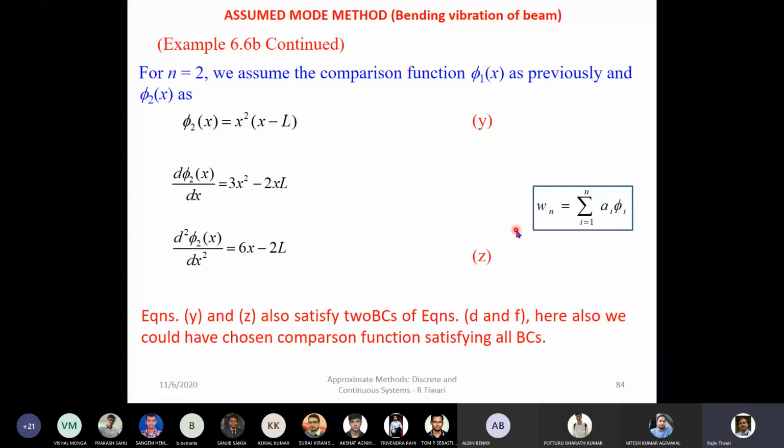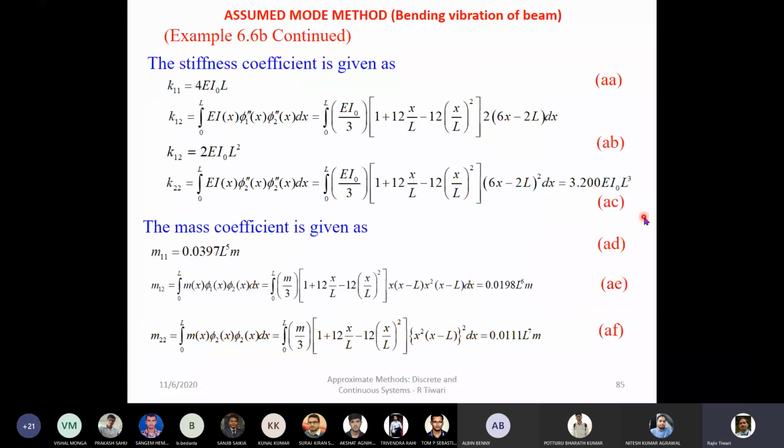Now, the solution will be like this. Here we'll have A1 phi1 plus A2 phi2, because there are two terms we are taking. So the shape function, or the eigenfunction, will have the form A1 phi1 plus A2 phi2. Now, we obtained earlier how to get K11 and K12.